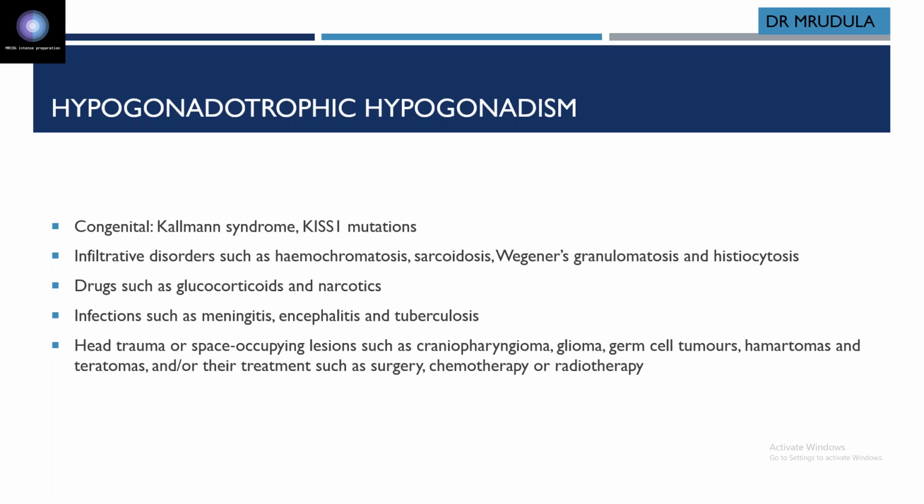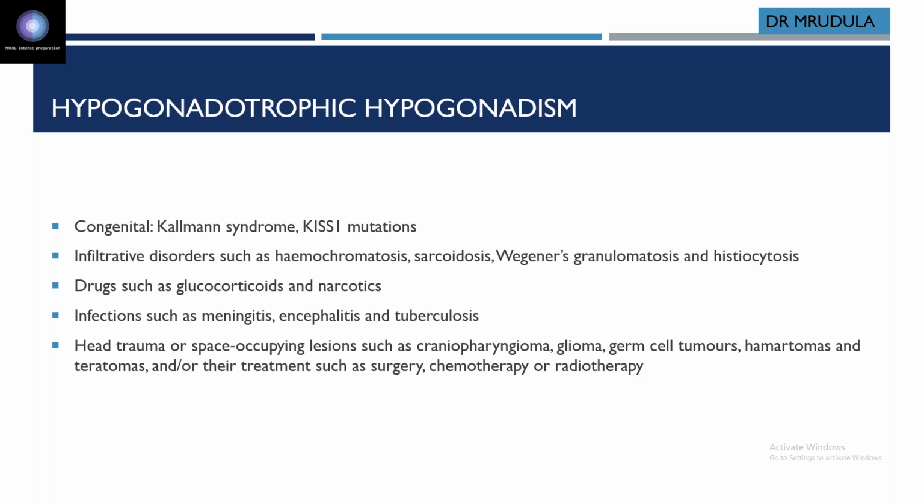The causes of this hypogonadotrophic hypogonadism can be either congenital, like Kallmann syndrome or KISS1 mutation, that is kisspeptin mutations. Infiltrative disorders like hemochromatosis, sarcoidosis, Wegener's granulomatosis, and histiocytosis. Then drugs like glucocorticoids and narcotics, which give a negative feedback on the GnRH neurons.